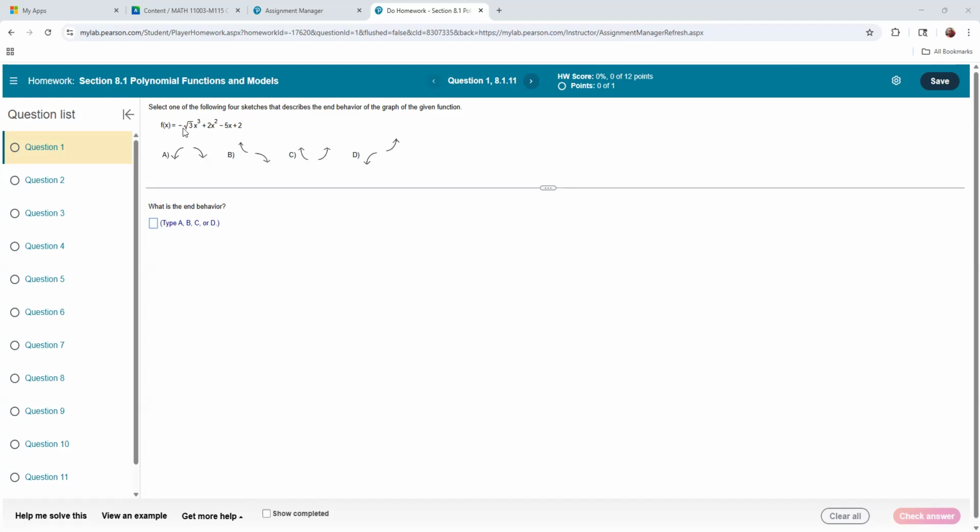Well, my lead coefficient is a negative square root of 3. So it's negative. So I got an odd degree with a negative lead coefficient. So if we looked at the chart, I'd be in the right column with the odd, and then I would go down to the bottom picture that has the negative lead coefficient.